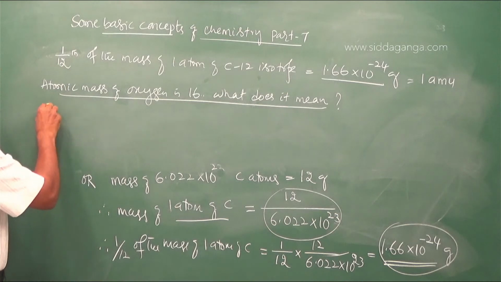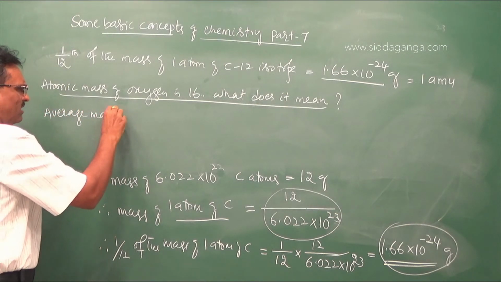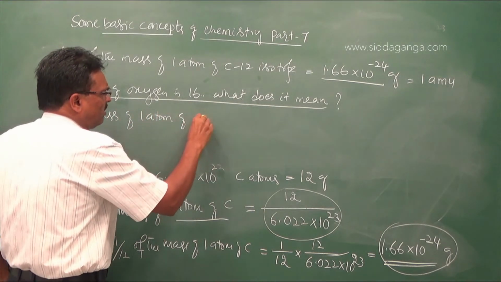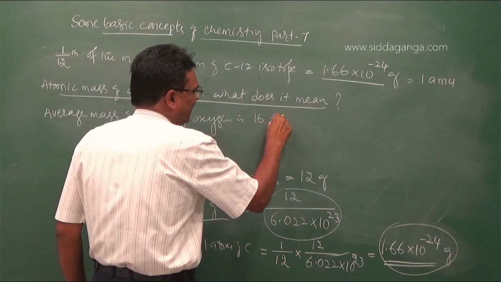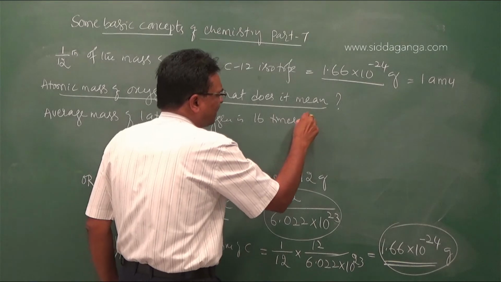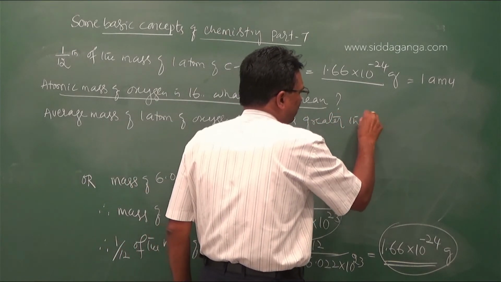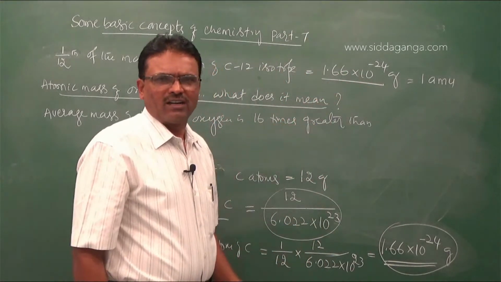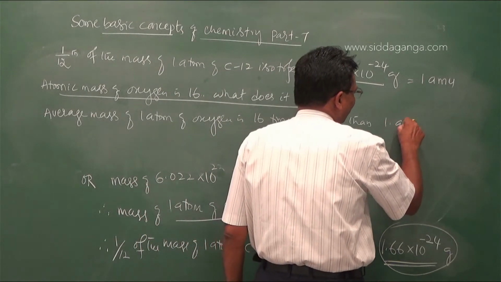It means that the average mass of one atom of oxygen is 16 times greater than 1/12 of the mass of one atom of carbon-12 isotope, which is 1 AMU.